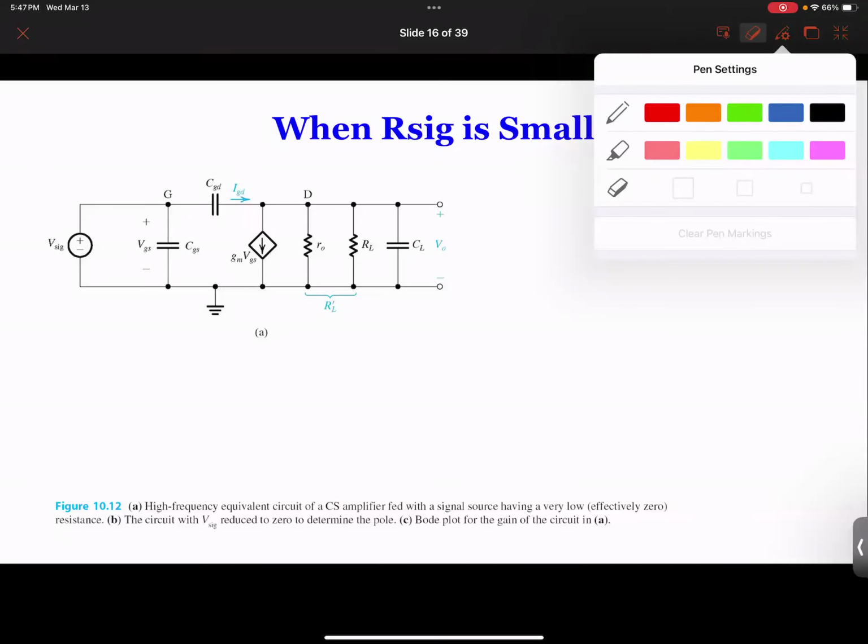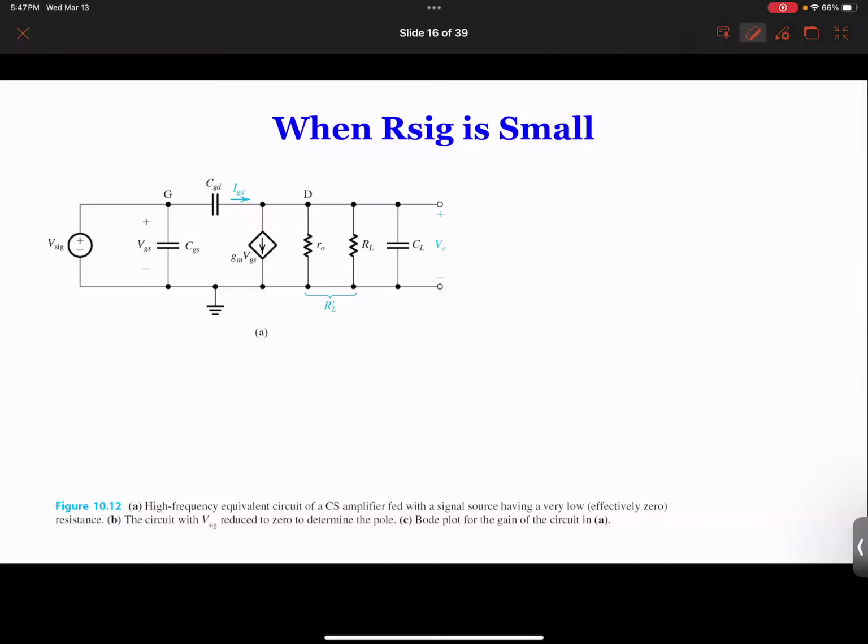So IGD. Because VGS is equal to VSIG here, the voltage here is the same as the voltage here, and this is VO. So I can calculate IGD equal to VGS minus VO times sCGD.